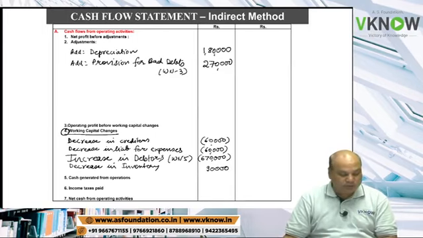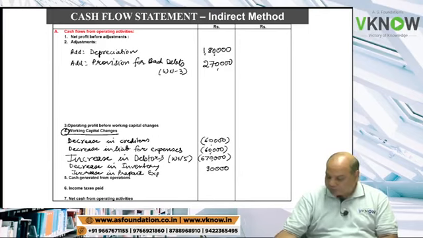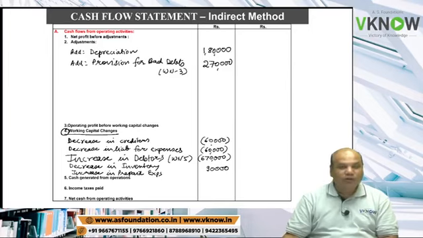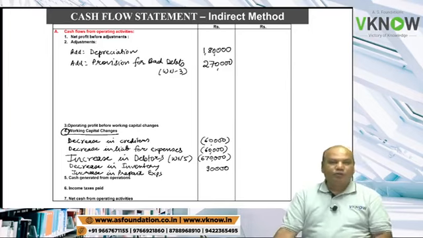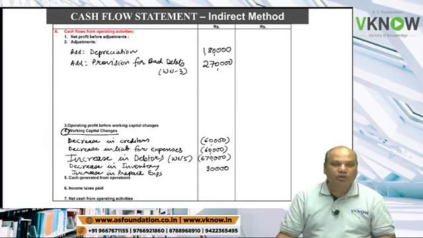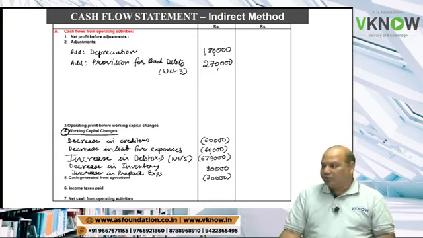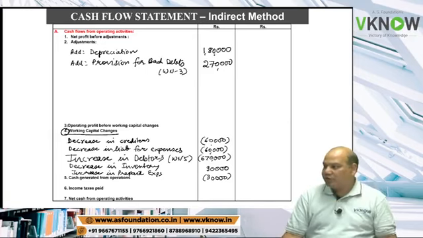Everybody, is it right? One more item is there. Increase in prepaid expense. So please reply, what is increase in prepaid expense? Increase in prepaid expense is decrease in cash flow or increase in cash flow? Increase in prepaid expense by 30,000 rupees is a decrease in cash flow.